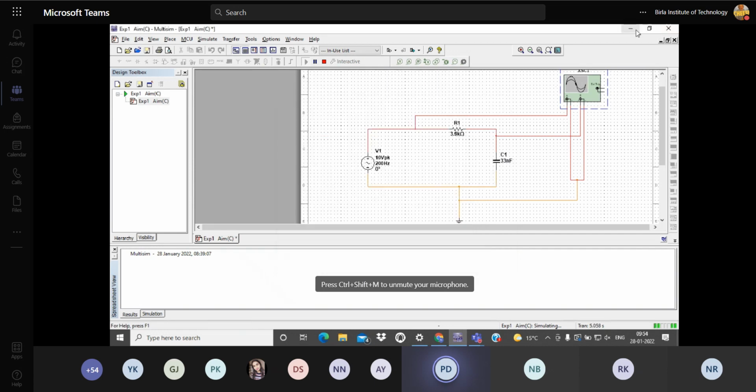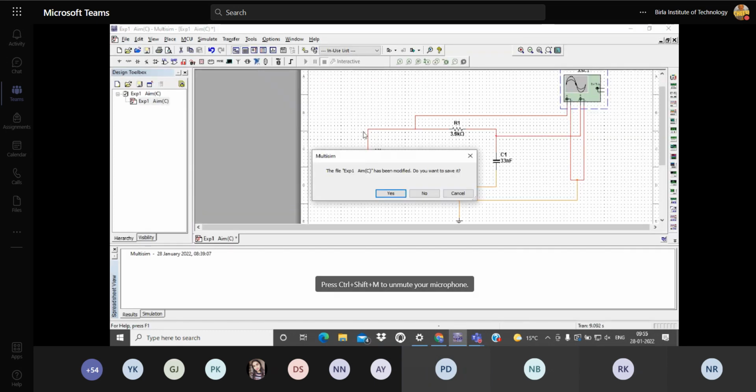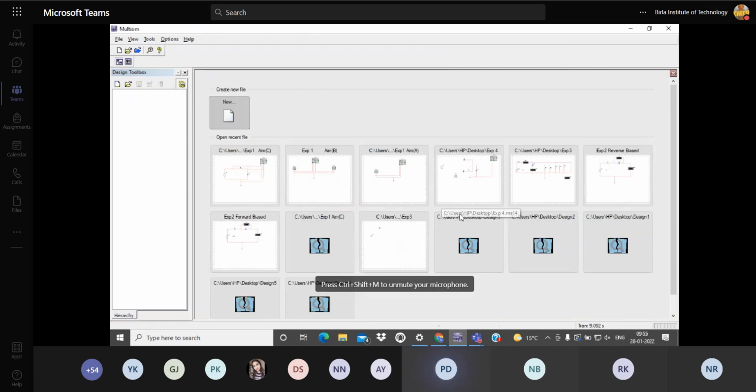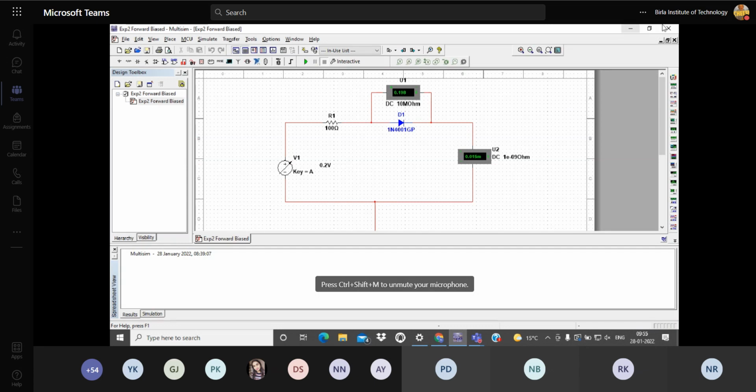And experiment 2, forward and reverse bias. And this is the forward bias.